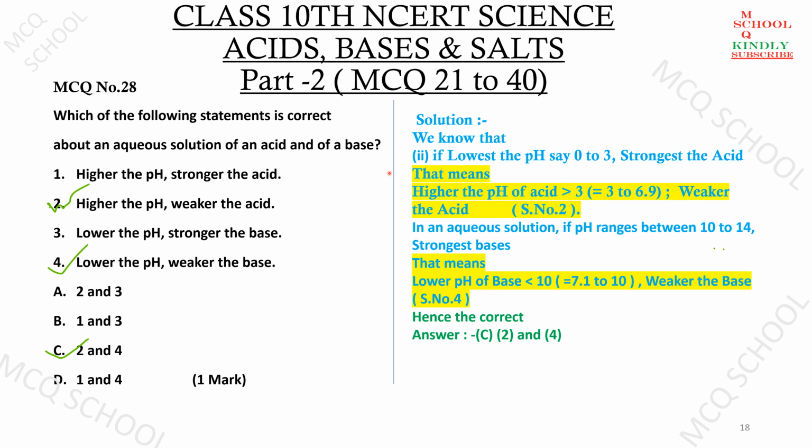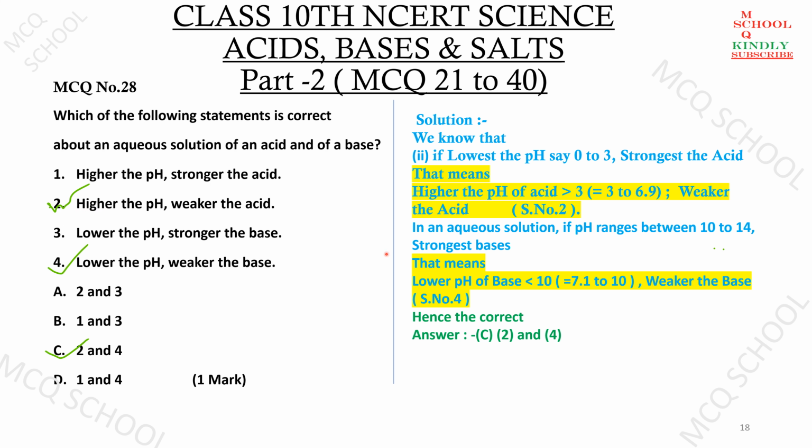We know that if the pH is lowest, that is 0 to 3, the strongest would be the acid. That means the higher the pH, say greater than 3 to 6.9, the weaker the acid. So that is serial number 2.